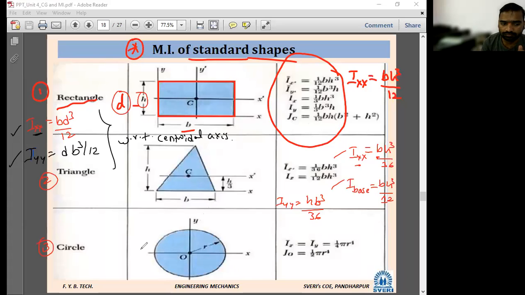Circle. Third one, circle. Draw this diagram.